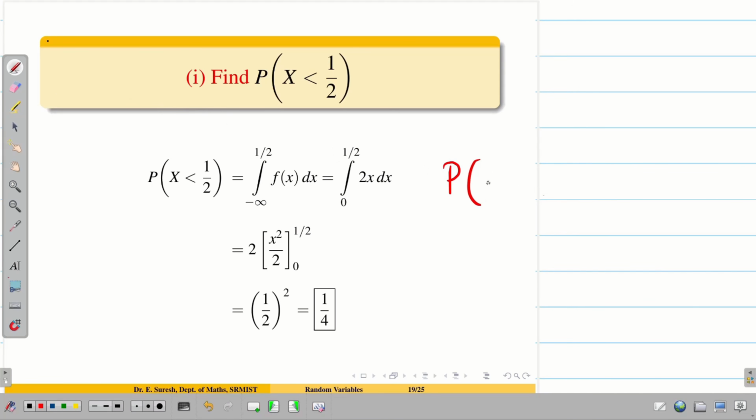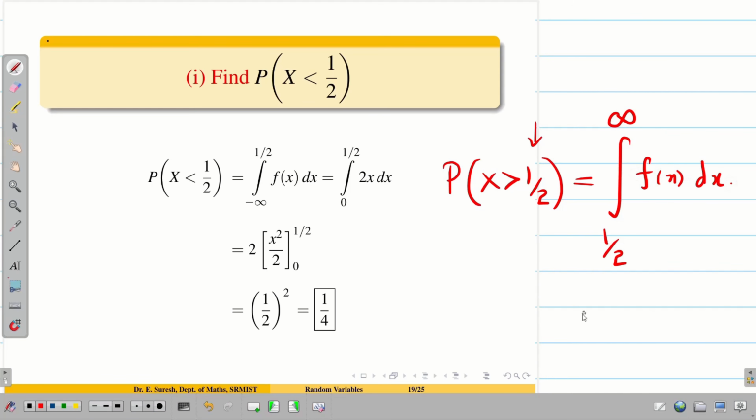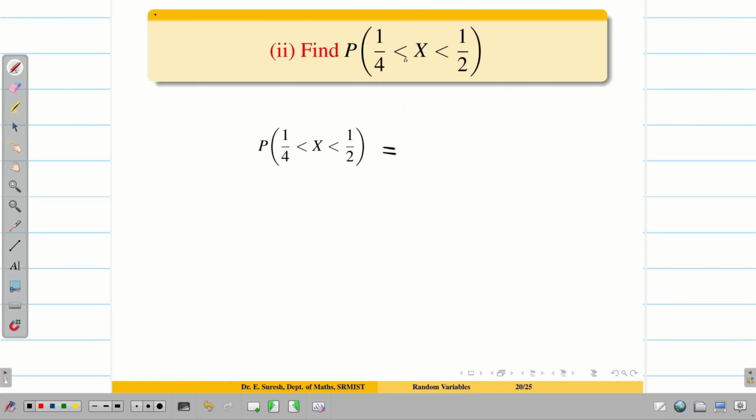If the question is to find the probability of x greater than 1 by 2, that means it is starting from 1 by 2. My lower limit is 1 by 2 and my upper limit is plus infinity of f of x dx. Now carefully check your question: my x lies between 0 and 1. Therefore, we have to write integral 1 by 2 to 1 of f of x dx, and proceed like this. The next question is x lies between 1 by 4 and 1 by 2.